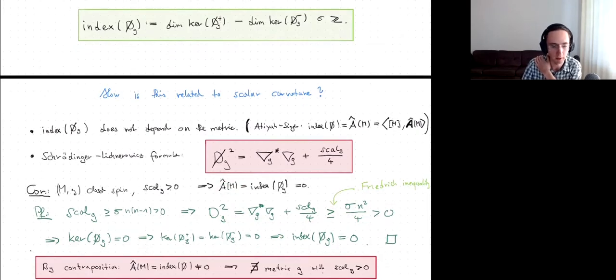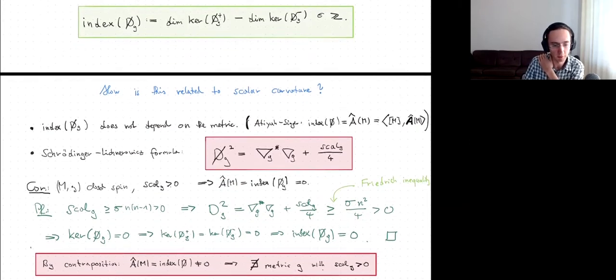And maybe the equivalent statement, which is probably more important, but of course the same, is the contraposition of this: if the A hat genus doesn't vanish, then it follows that there exists no metric with positive scalar curvature, because you can compute the A hat genus with any metric you choose by this property here. So if it's non-zero, then this obstructs the existence.